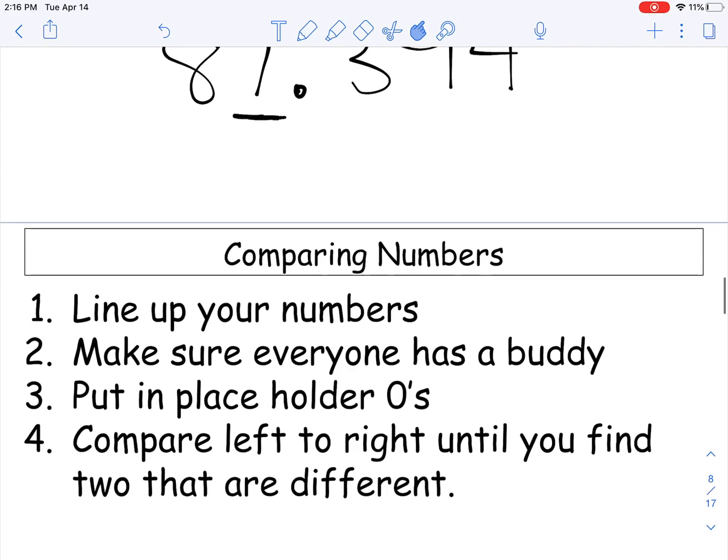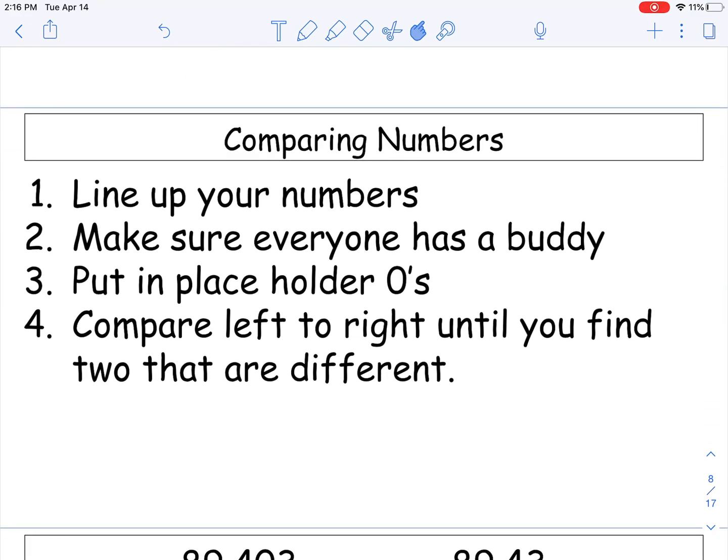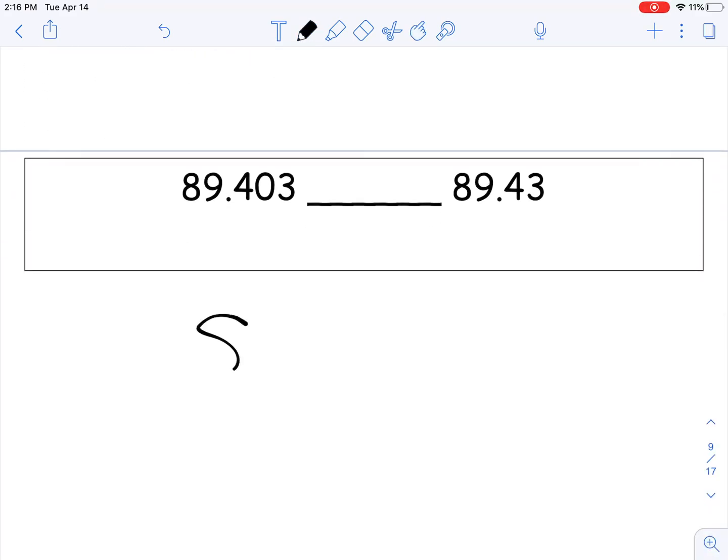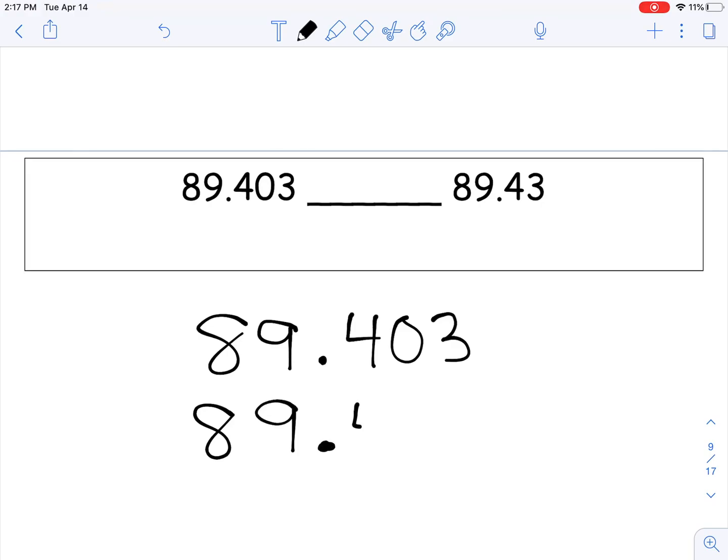All right, so you're going to do some rounding, then you're going to do some comparing. Remember, you need to be sure you're showing your work. So when I'm comparing numbers, I'm going to take that first number and put it on top. Second number, I'm going to line up those decimal places. And remember, everyone gets a partner, so this placeholder needs to go there.